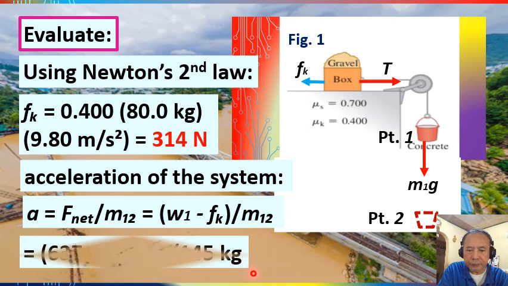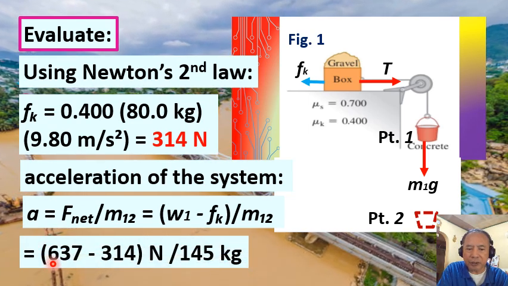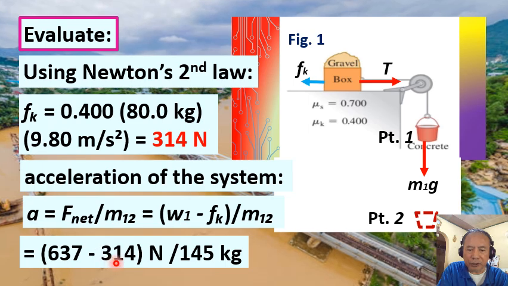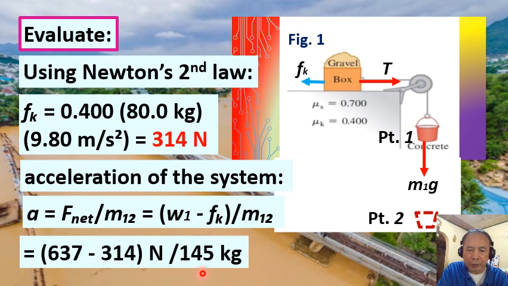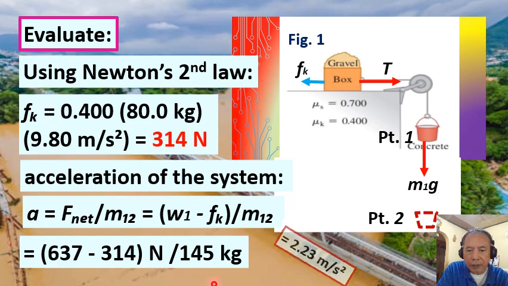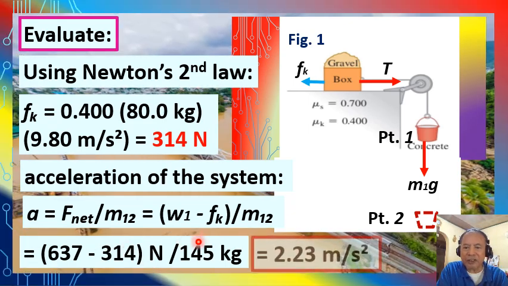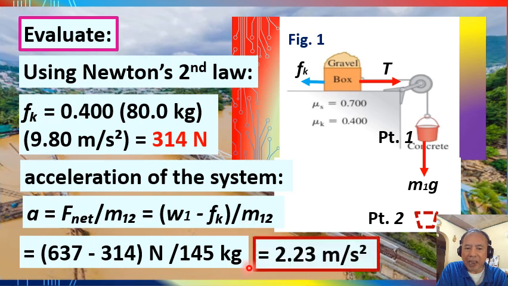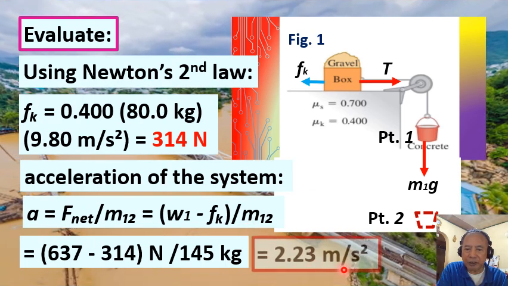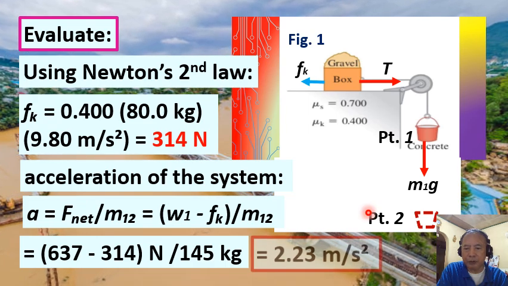Substituting, we get acceleration of the system equals 637 minus 340 newtons divided by 145 kilograms. And we get the value of the acceleration of the system, a equals 2.23 meters per second squared, rounded to 3 significant figures.